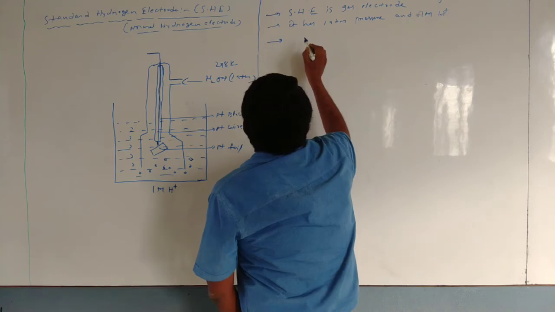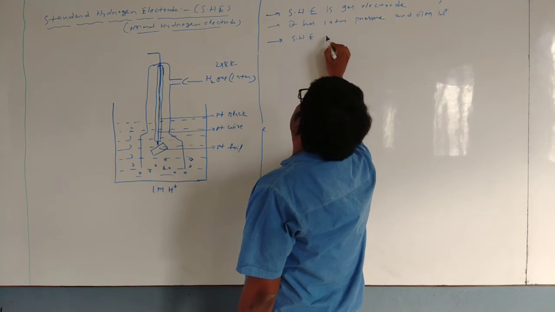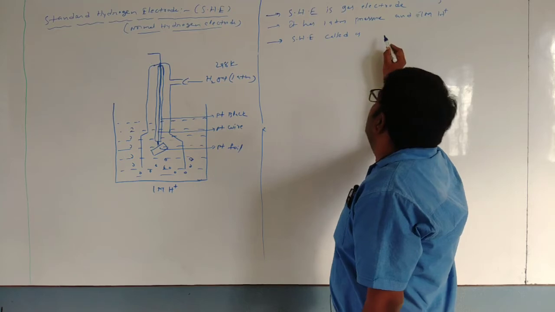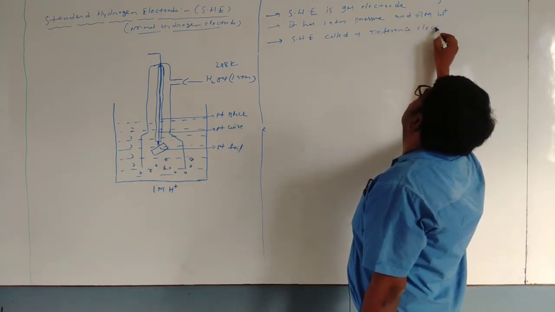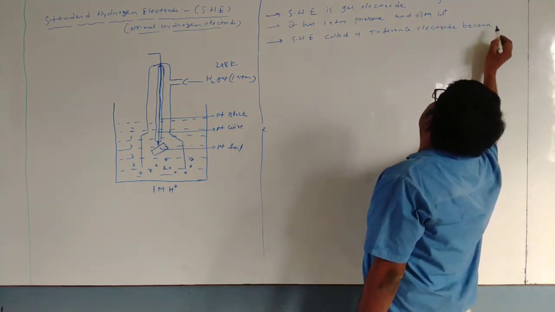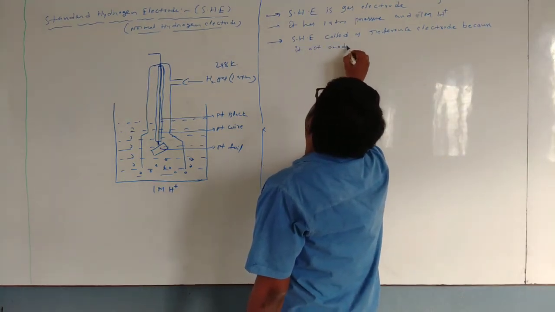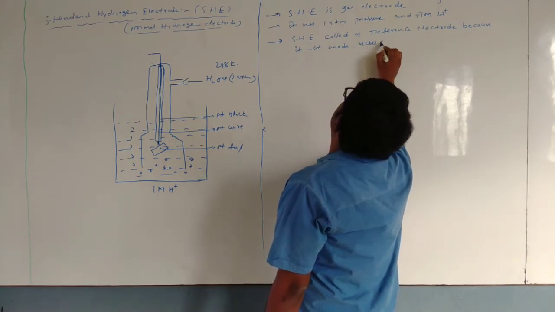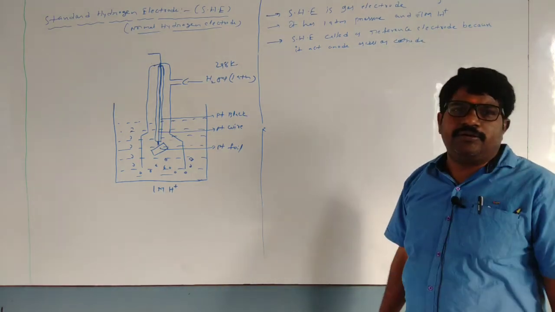Now, this standard hydrogen electrode is called a reference electrode because it acts as anode as well as cathode.